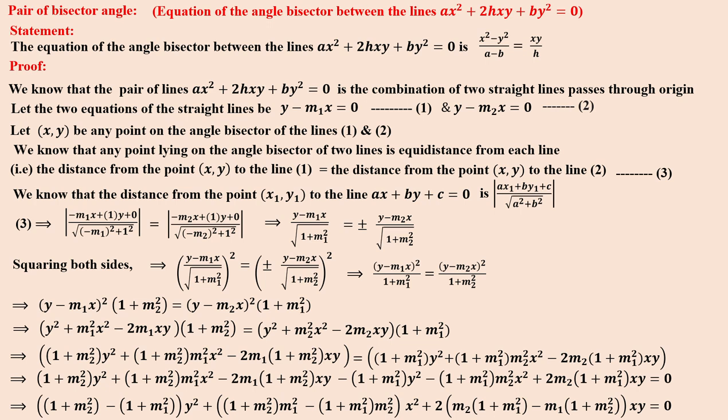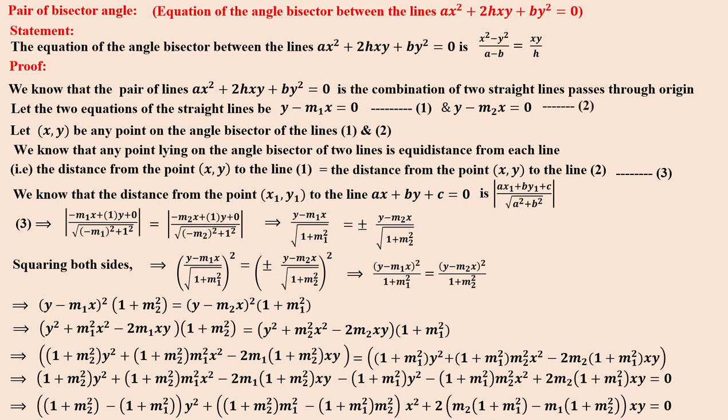Then the x square term: in the previous step, 1 plus m2 square into m1 square x square is there. Then the fifth term, minus 1 plus m1 square m2 square into x square. Grouping these two, we get 1 plus m2 square m1 square minus 1 plus m1 square m2 square into x square.